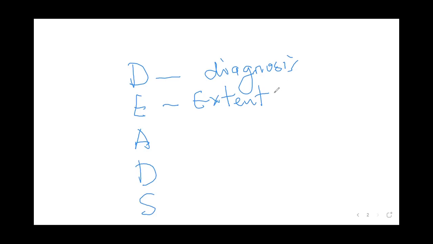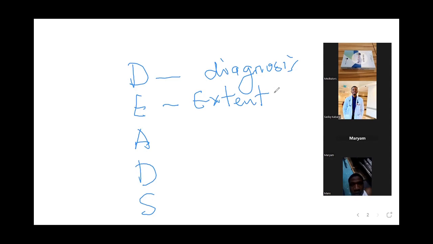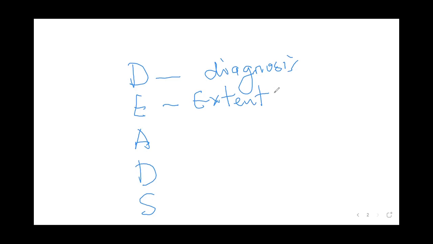And when presenting history, you should be seen demonstrating such that a complication can be local, it can be locoregional, and it could be a systemic complication.